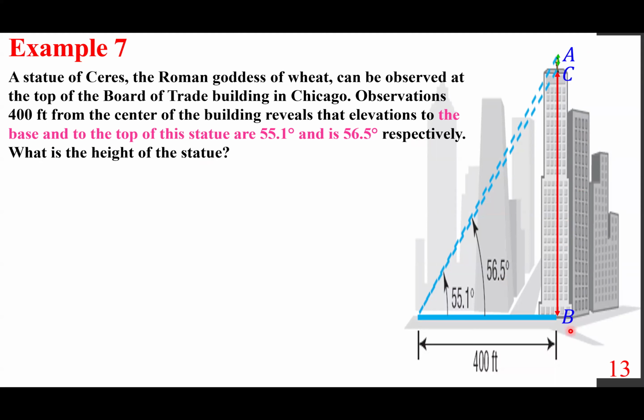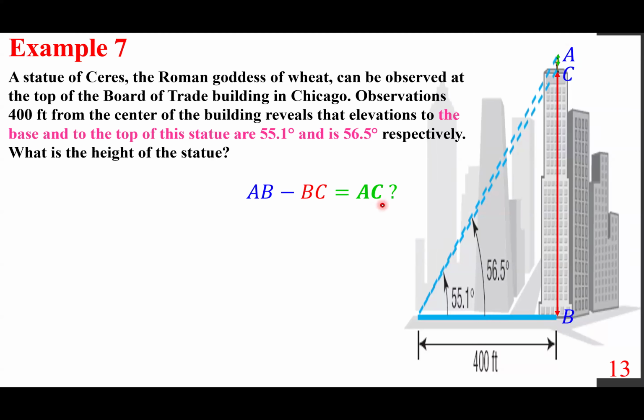This is B, the base of the building, and C. And what we are looking for is very straightforward, everybody. We want this distance AC. So AB minus BC is AC. We are looking for AC.